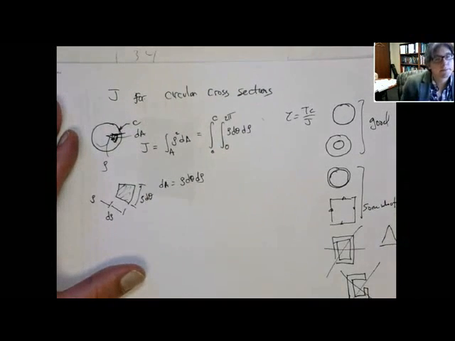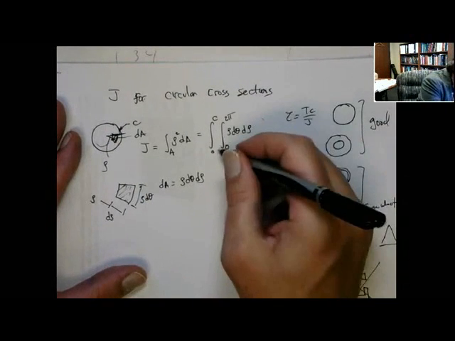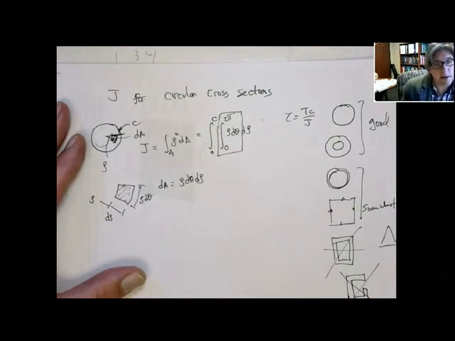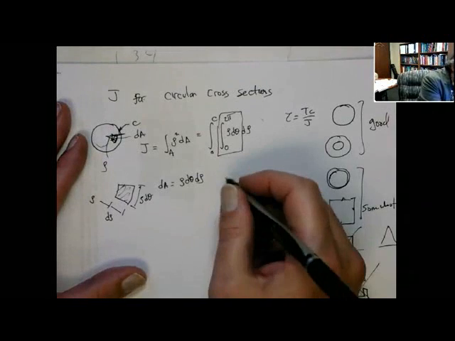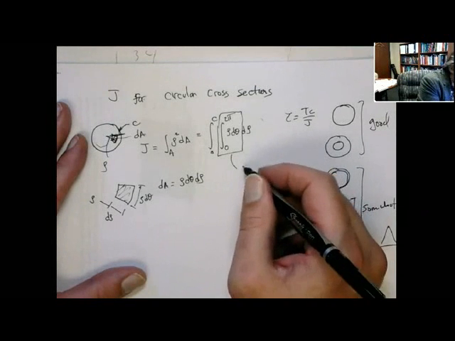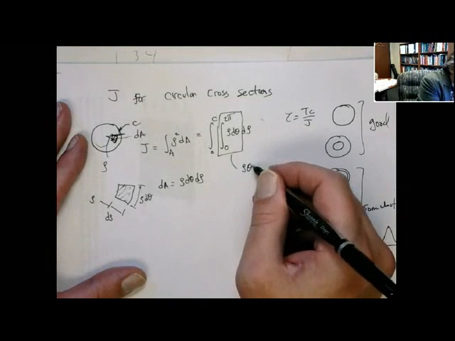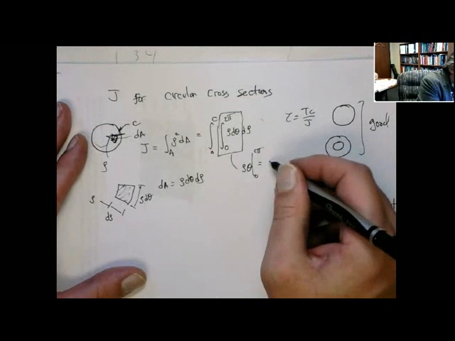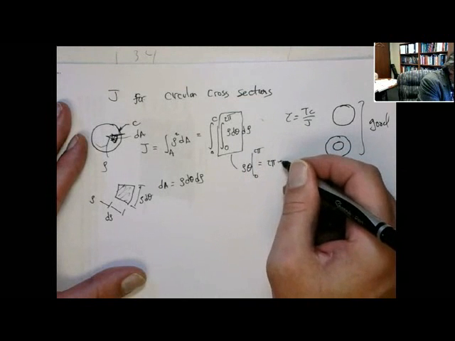This first integral is really easy to deal with because there's no theta dependency in here. So this just becomes rho theta from 0 to 2 pi, or in other words, just 2 pi rho.